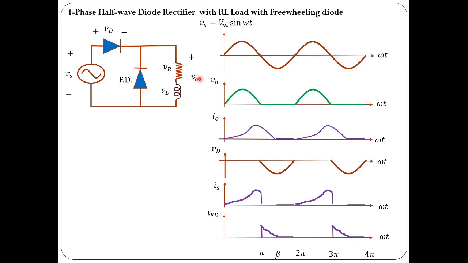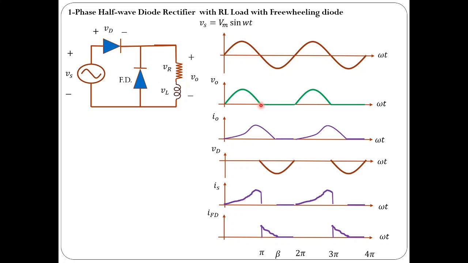Once the load voltage tries to become negative, this freewheeling diode would be forward biased, so it is short circuited and conducts. The purpose of the freewheeling diode conducting here is to make sure that the load voltage does not become negative, so that the average voltage is more. In the previous case, without the freewheeling diode, we have seen that some portion of the voltage becomes negative, right?